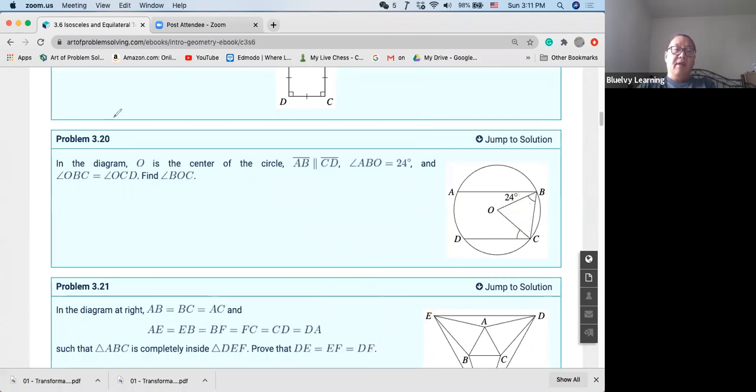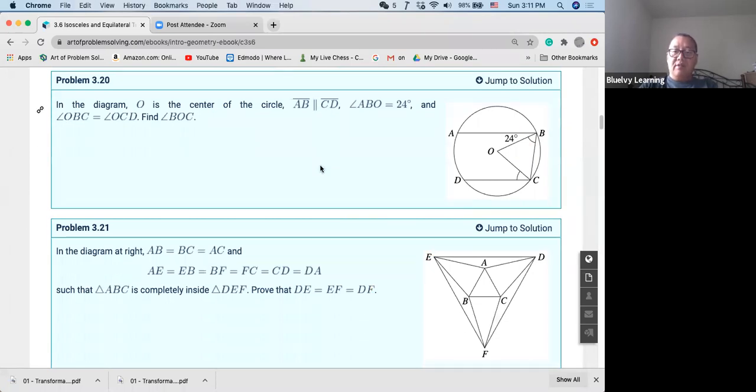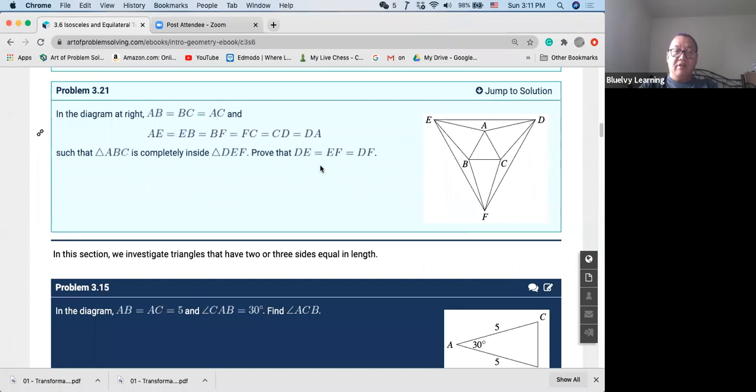Okay. Now let's go to the last example in this section. We have AB equals BC equals AC, so this big triangle is an equilateral triangle. Then you have AE equals EB equals BF equals FC equals DC equals AD.